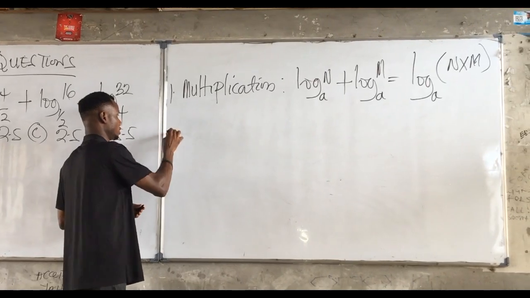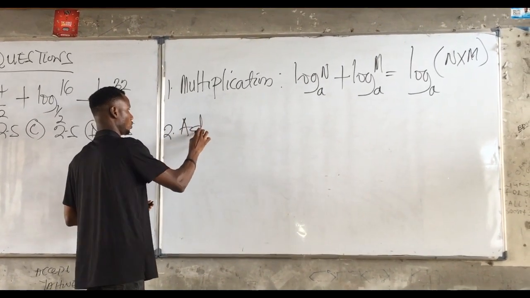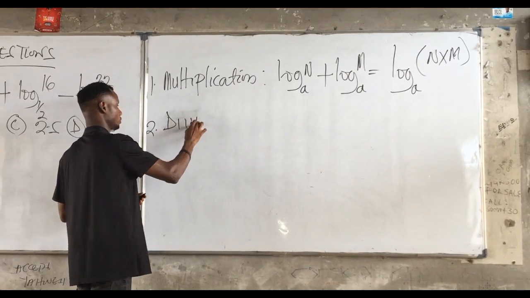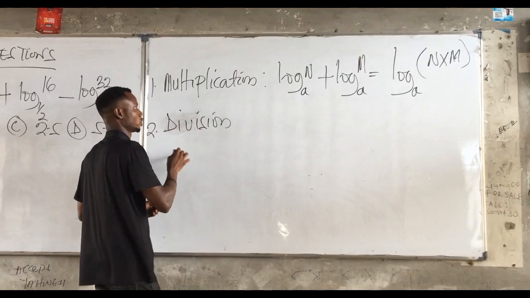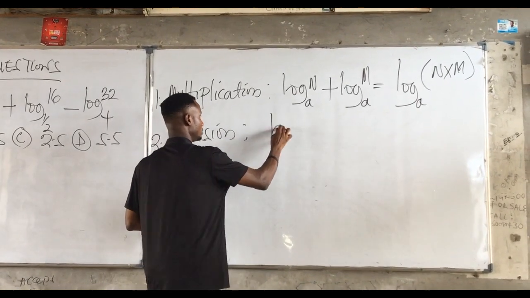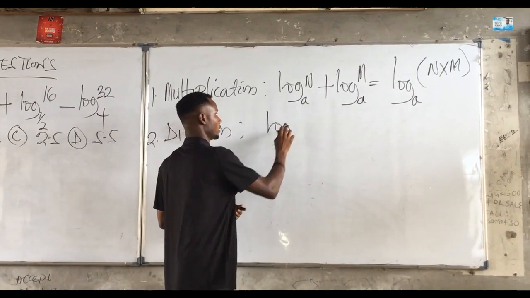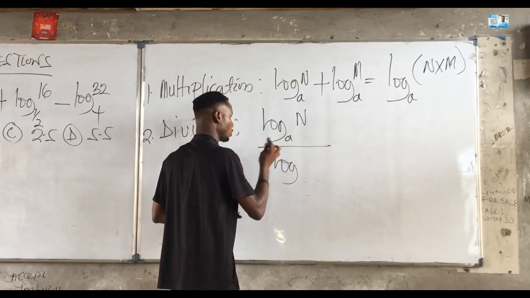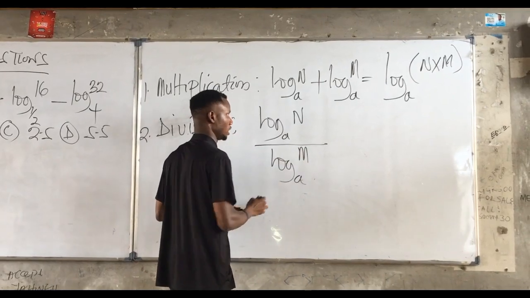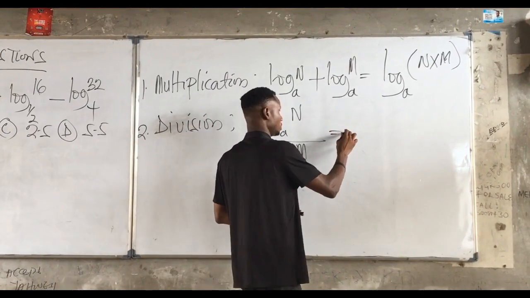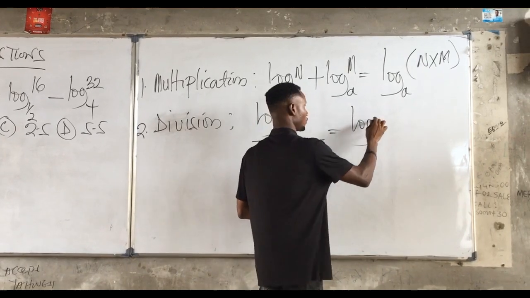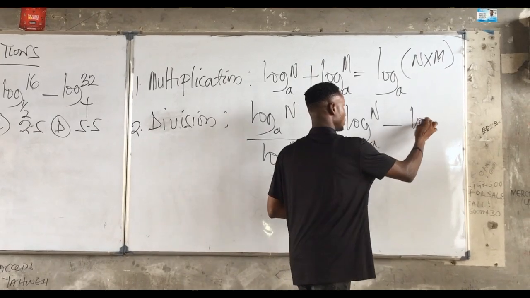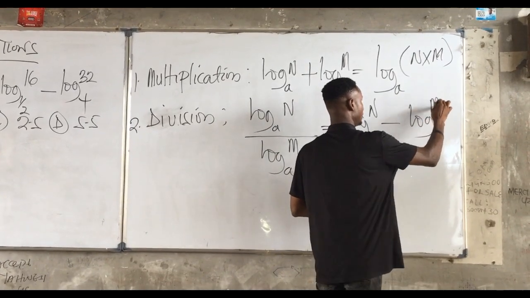The next one here is said to be division law. If I have log of n base a minus log of m base a, this is going to be log of n over m base a.